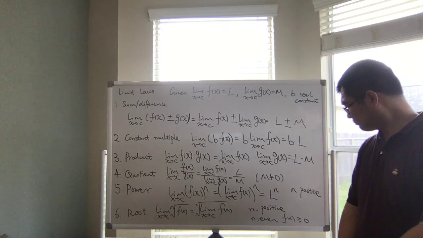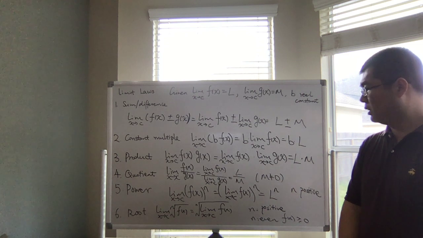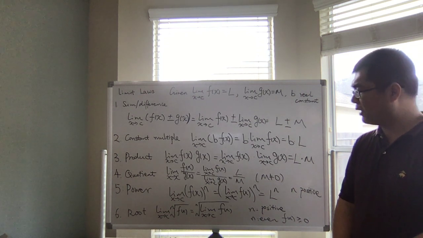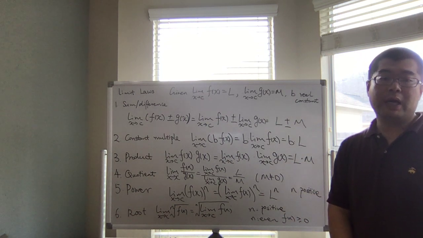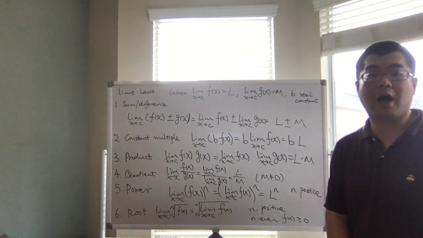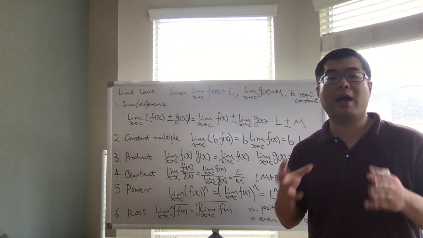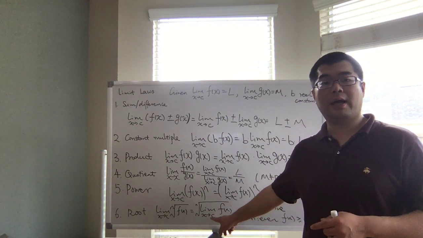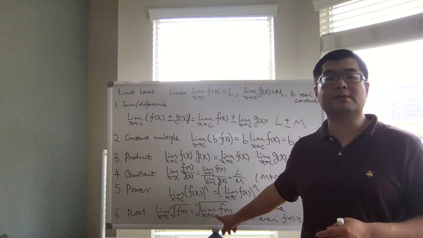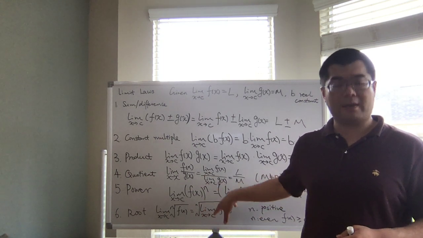Last one, the root law. If you try to evaluate the limit as x approaches c of the nth root of f of x, what you can do is evaluate that limit first, the limit as x approaches c of f of x, and then take the nth root.